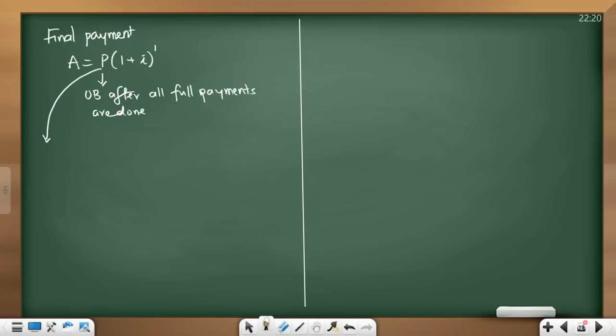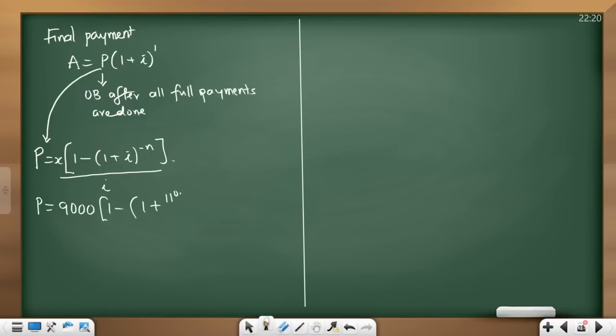And to get that P, I'll say P equals X times (1 minus (1 plus i) to the power of negative n) over i. I'm looking for that amount, but I'm paying 9,000, minus, it is 11% compounded monthly. Now, what is the outstanding? It is the decimal. That's why I had to write all that answer down.